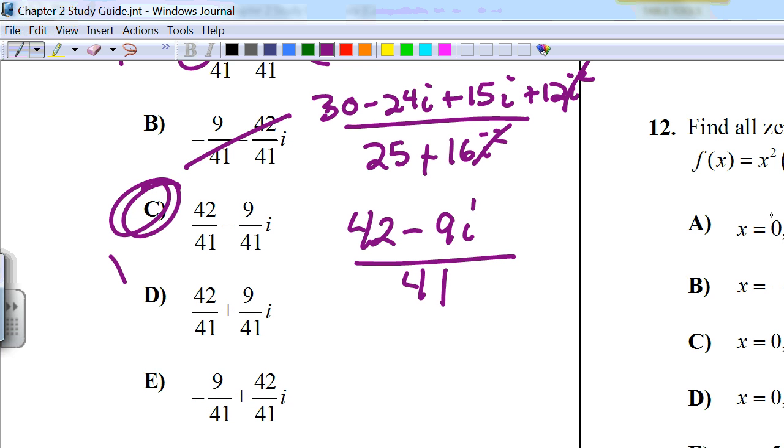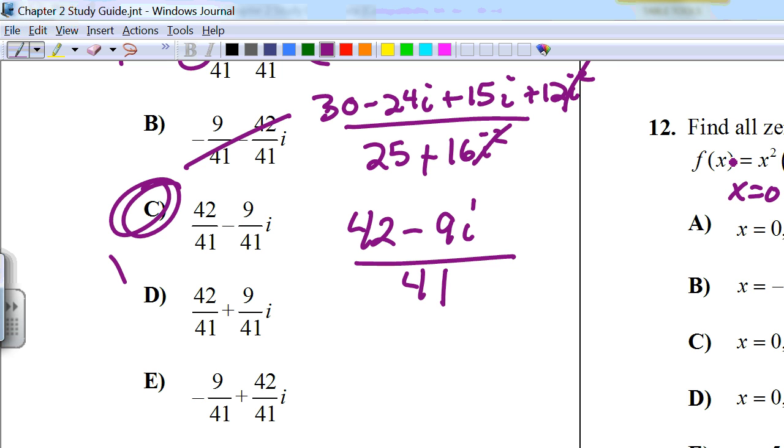Find all zeros of the function. Okay, x squared, all this, that's easy, right? This gives us x equals 0. This gives us x equals negative 5. x cubed equals 8, so x equals the cube root of 8, which is 2.